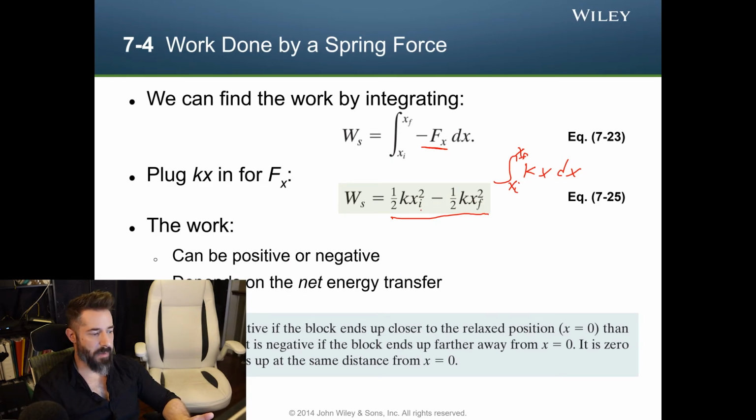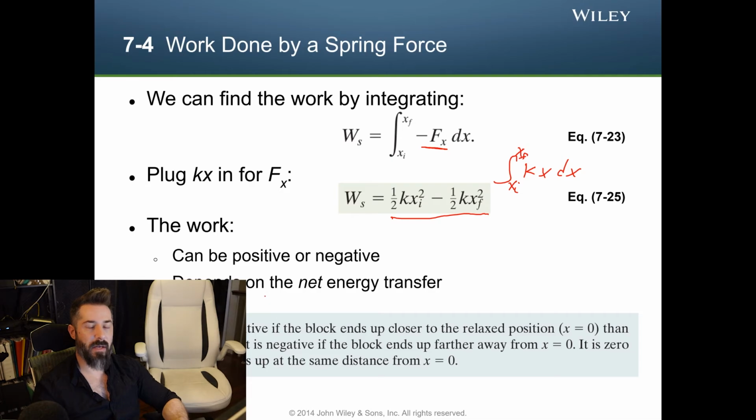Okay, so again, the work could be positive or negative. It depends on which one's larger, etc. We went over this. Work W_s of a spring is positive if the block ends up closer to the relaxed position.